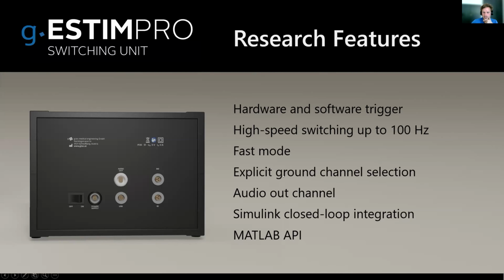Yeah, then you can explicitly set your ground channel if you want to modify your setup. We also have an audio out channel where you can route any dedicated electrode to an audio output, which you can connect to the rear side of the switching unit. And I already talked about Simulink. So we have a Simulink block for closed loop integration, and also a MATLAB API to control the switching unit.